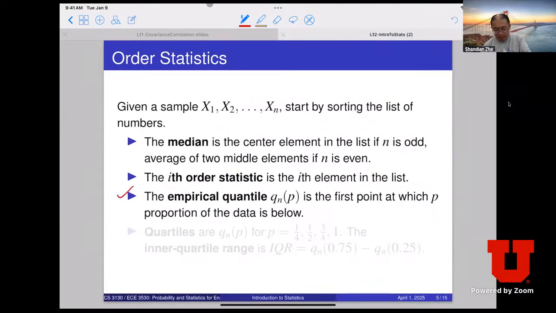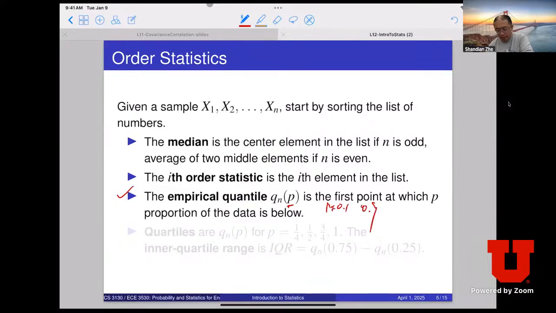Another type of statistic is called the empirical quantile. What does it mean? You can specify the proportion P, so P could be 0.1 or 0.9.